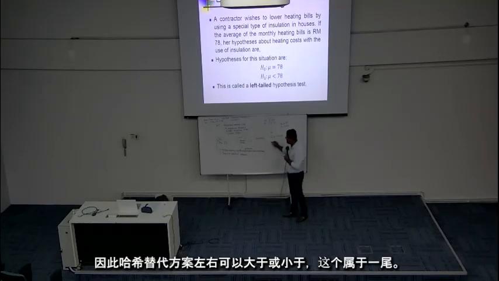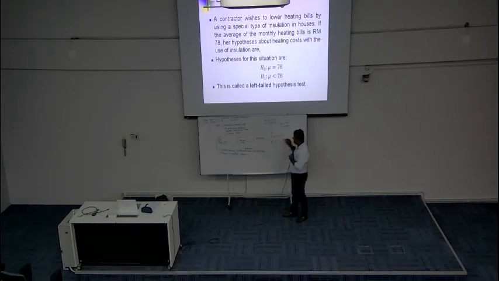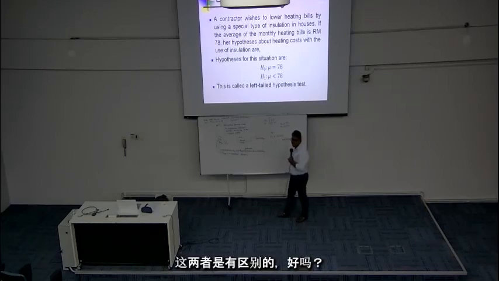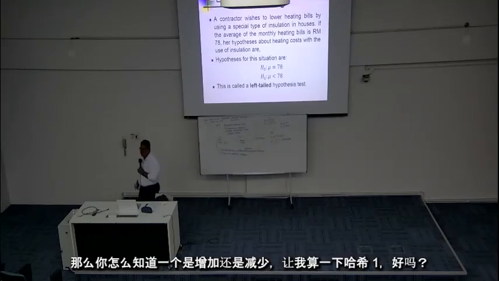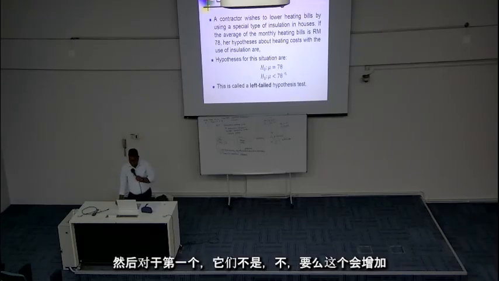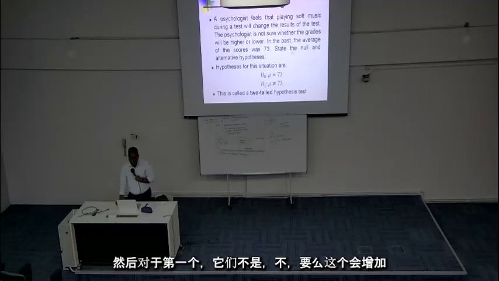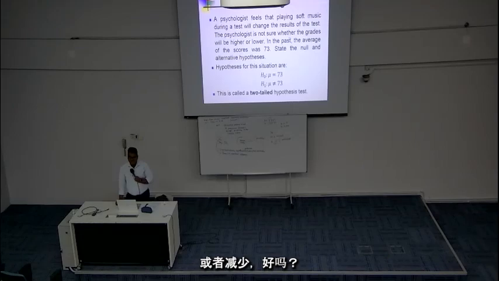The H alternative can also be greater than or less than, which falls under the one tail test. There is a difference between these two. How you know whether it is an increase or a decrease is determined by H1. For the first one, we do not know whether it will be an increase or a decrease.